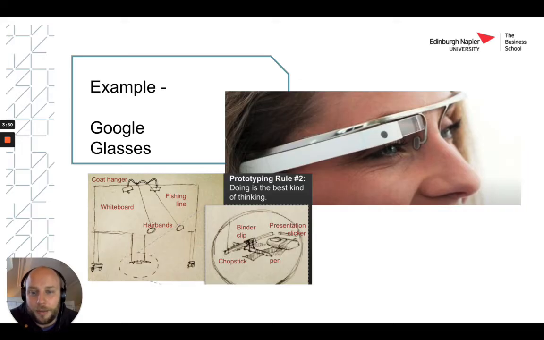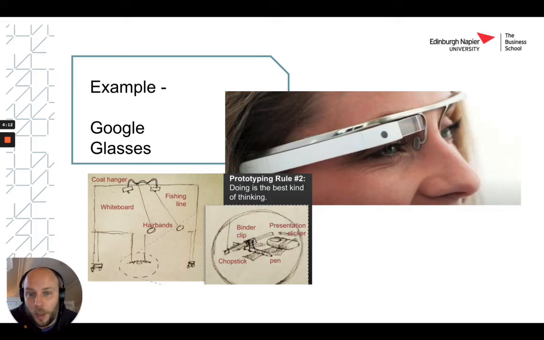But in order to come up with this idea, these are actual sketches here on the screen of how they started to formulate the idea. And if I said to you, how long do you think it took Google to prototype the Google Glasses concept? Instantly you might think, oh, it's going to be months or maybe years to come up with the concept.